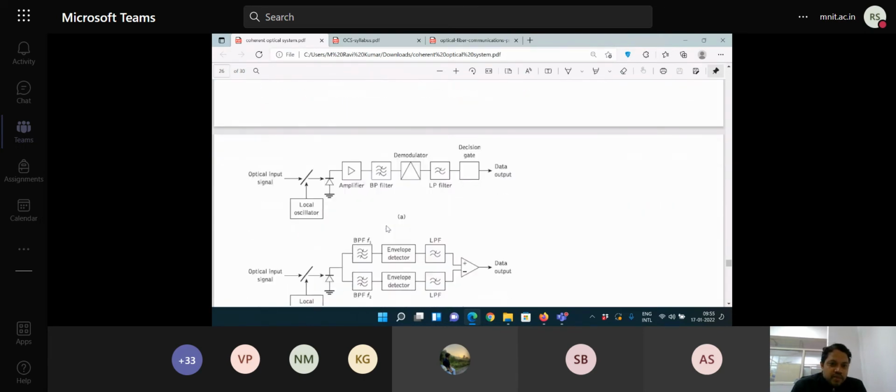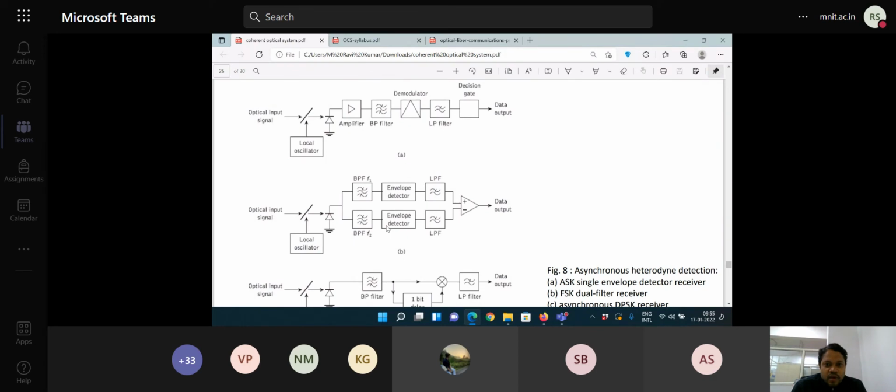So this is a block diagram to have asynchronous ASK detection.